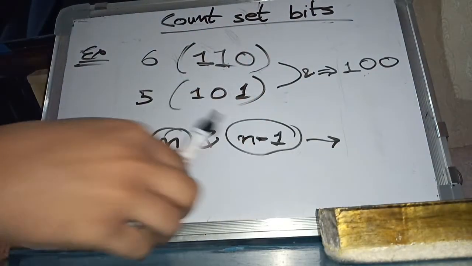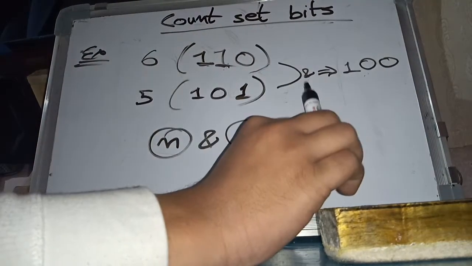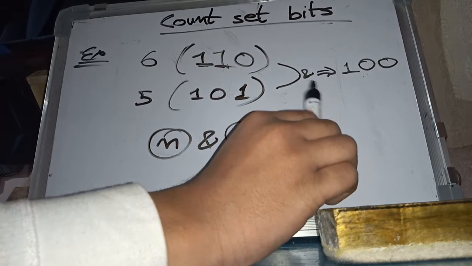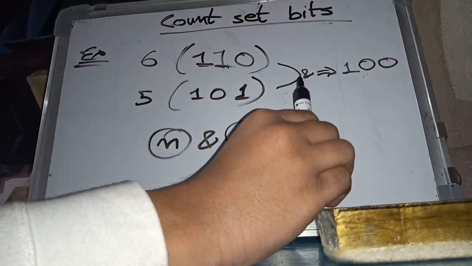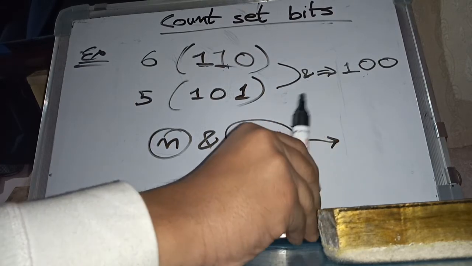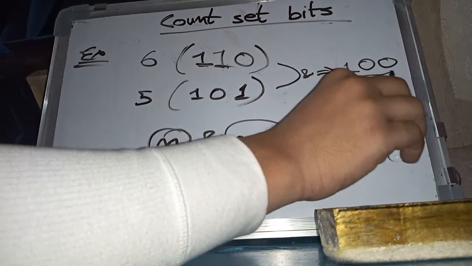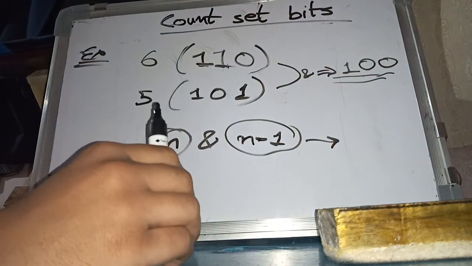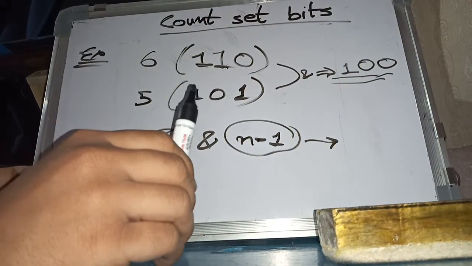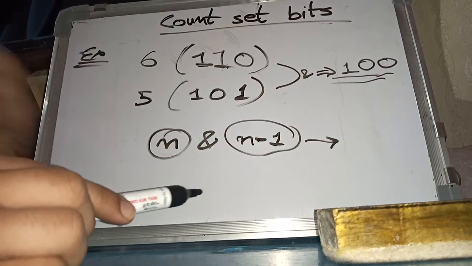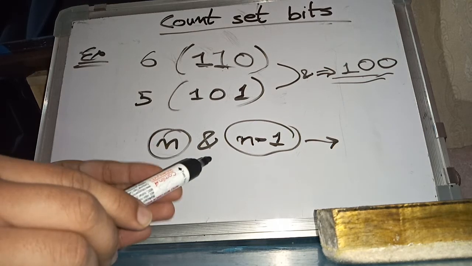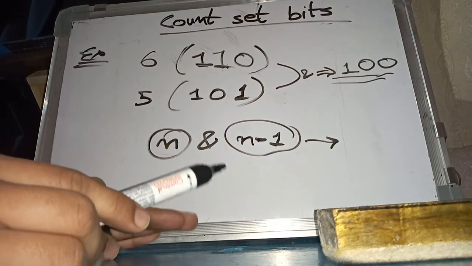So if I do this every time and count the times until my answer becomes 0, the count would be my answer.